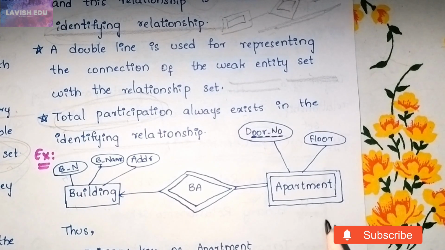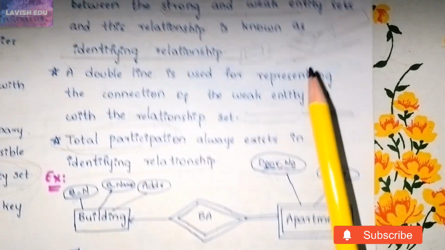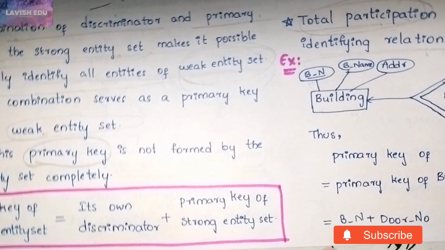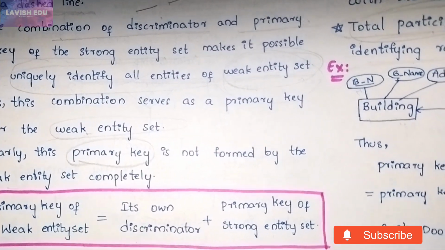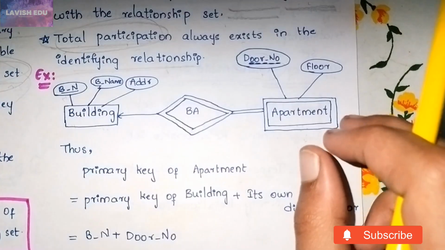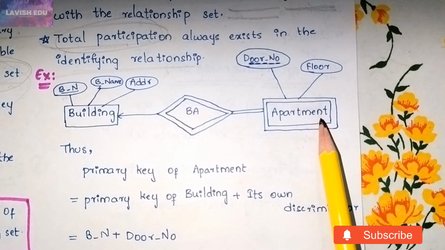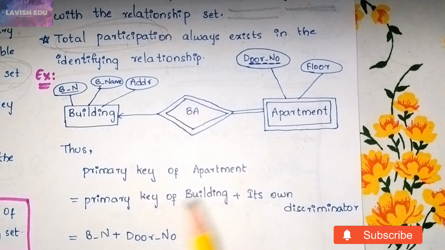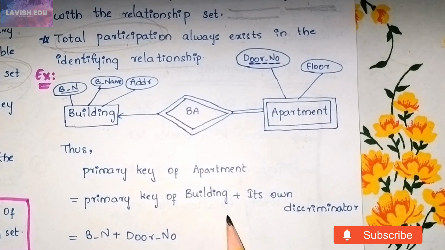So for this weak entity set, we have to find the primary key value. As we have already seen the formula, primary key of the weak entity set is equal to its own discriminator plus primary key of the strong entity set. So for the above example, the primary key of the apartment is equal to the primary key of the strong entity set, that is building.